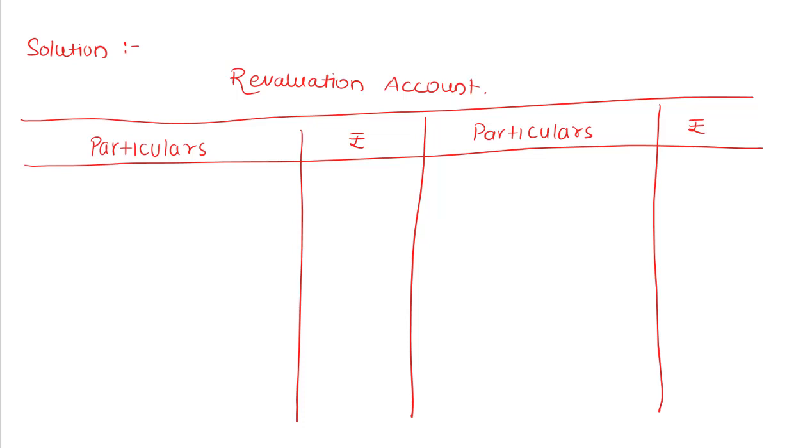Machinery is depreciated by 10% and motor van by 15%. To machinery account 1,750, to motor van account 600.